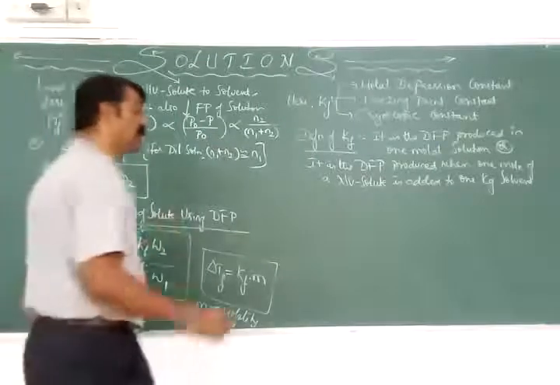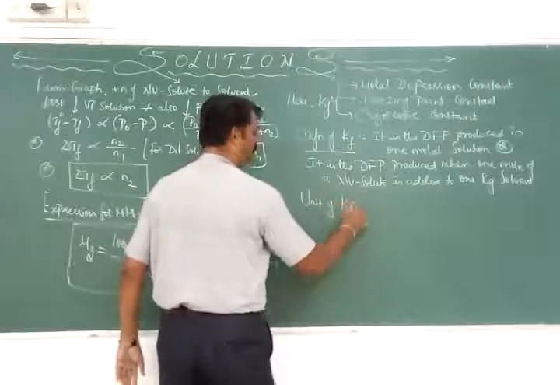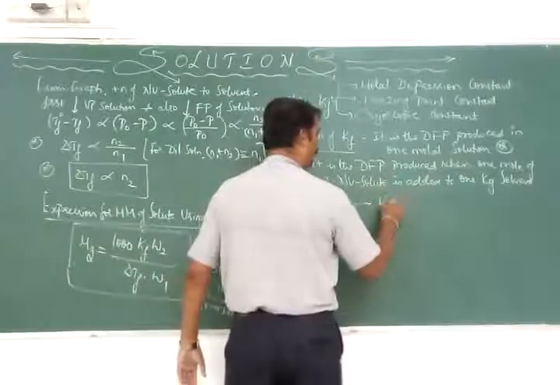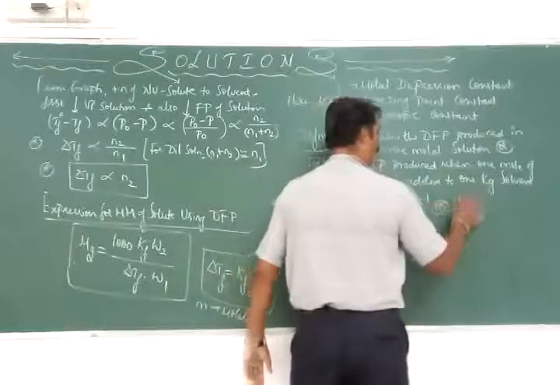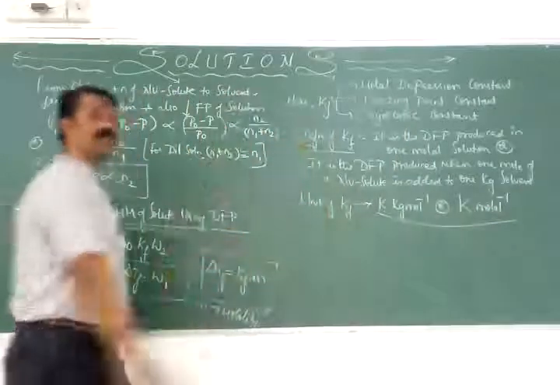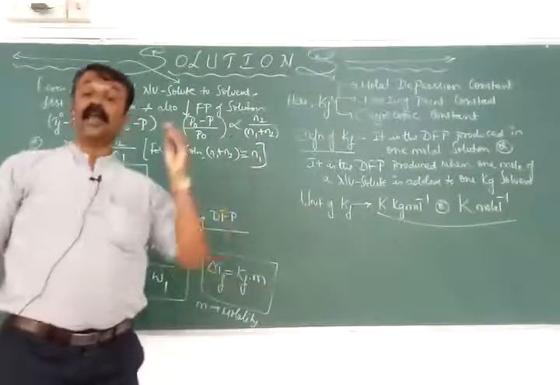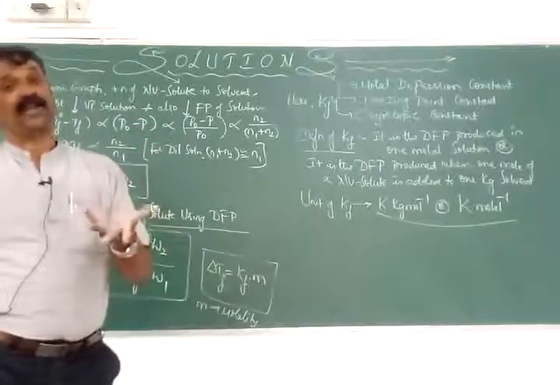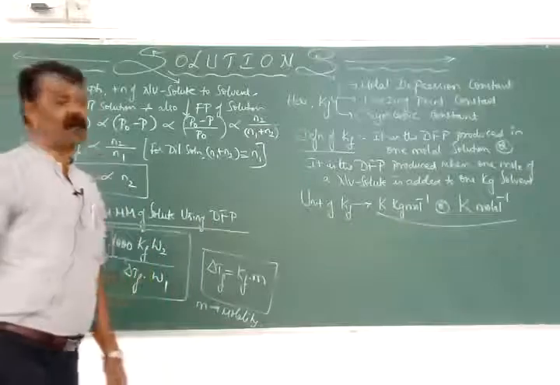And finally, the unit of Kf is very similar to that of Kb, either K kg per mole or K per molal. What is that? Kelvin kg per mole, or you can simply mention that as Kelvin per molal.